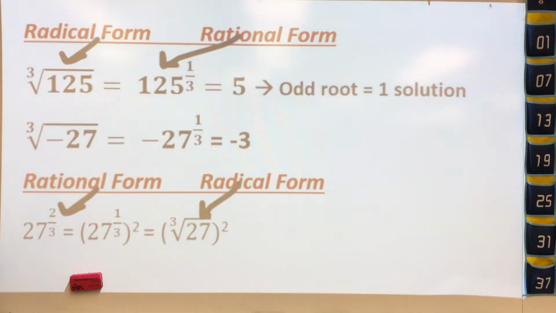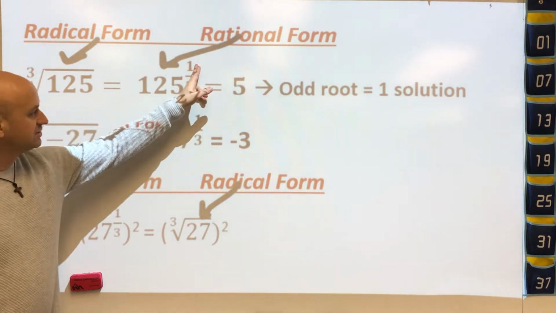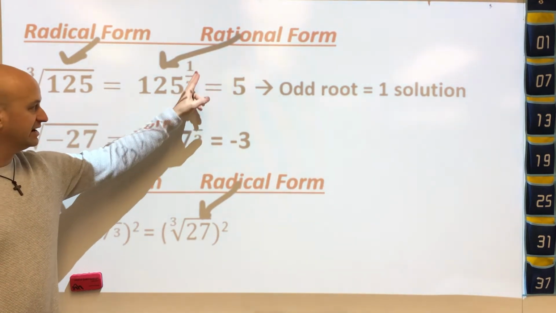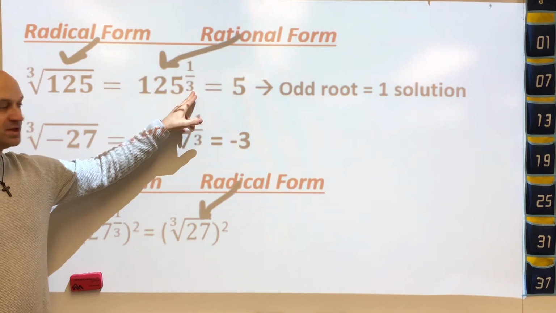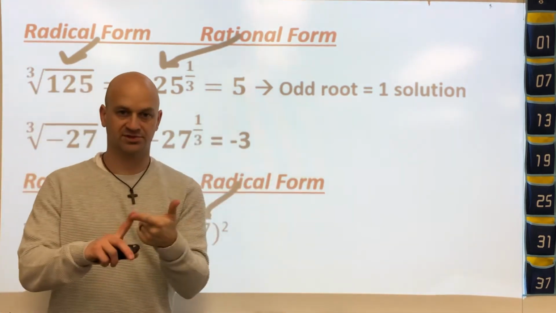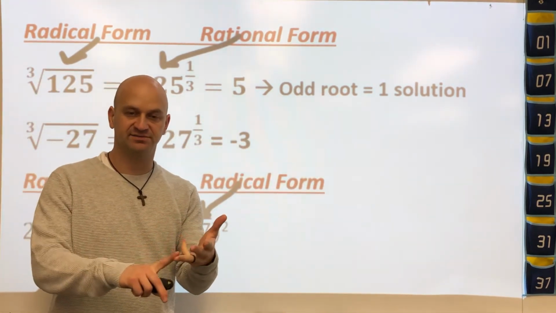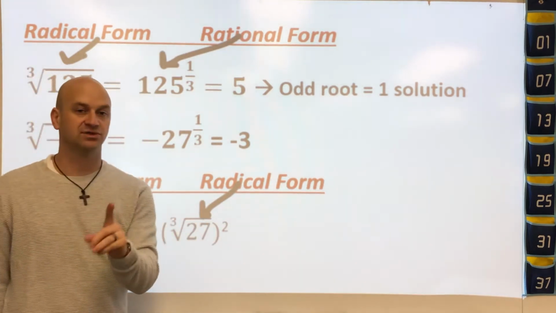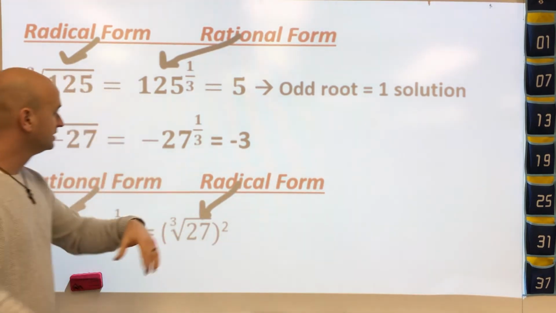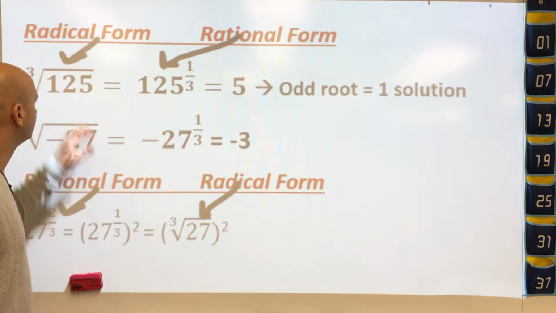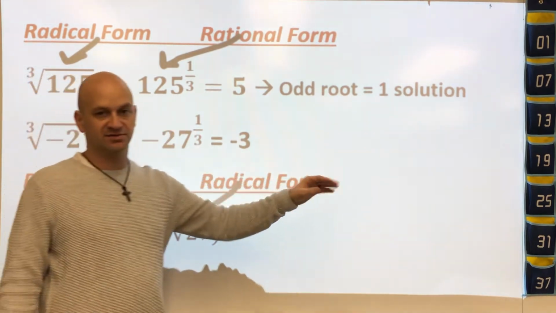Now, if we take the cube root of 125, what we're going to do then is write 125 to the 1/3 power. Now, an odd root, third, fifth, seventh, and so on, is only going to have one solution. It's either positive or negative depending on the number. So if it's a positive number, it'll have a positive solution.